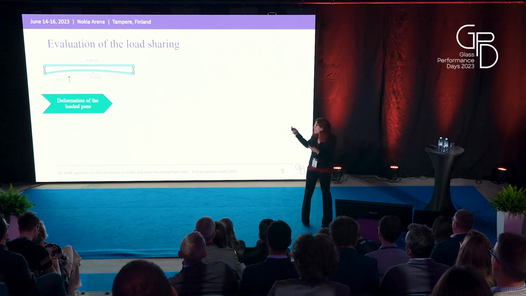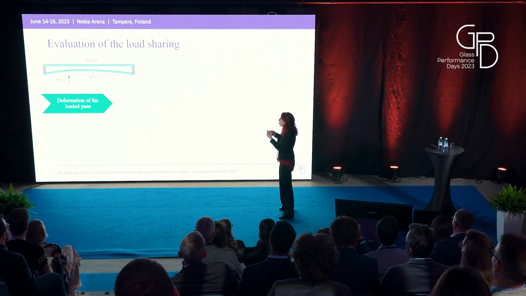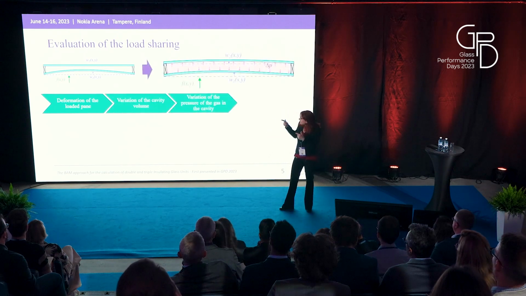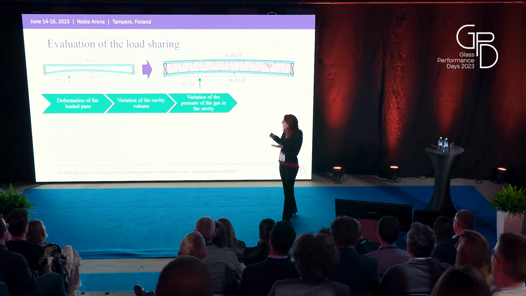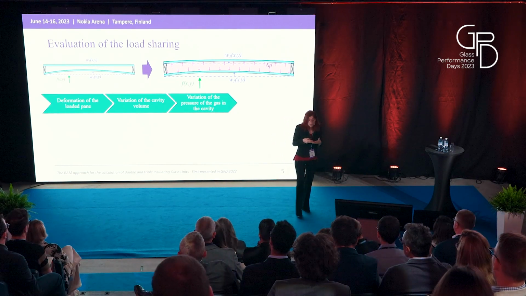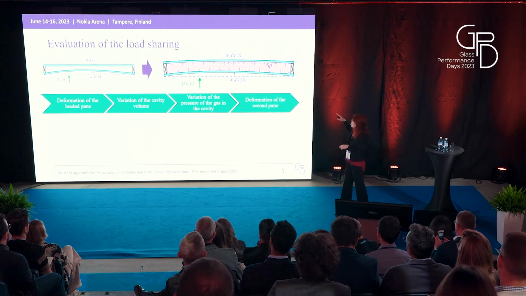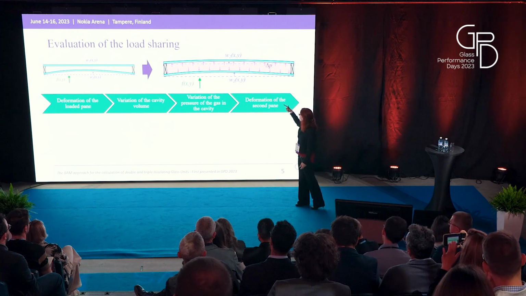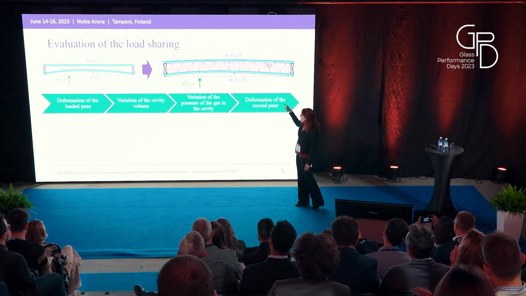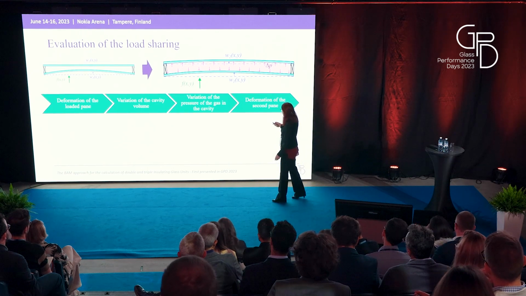In this case, the load provokes the deflection of the loaded pane, and this produces a variation of the cavity volume, and consequently a change in the pressure inside the cavity. The arising pressure inside the cavity is equivalent to a load producing the deflection of the unloaded plate 2, but also decreasing the deflection of plate 1.